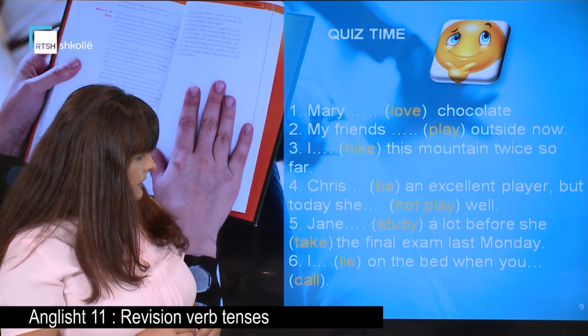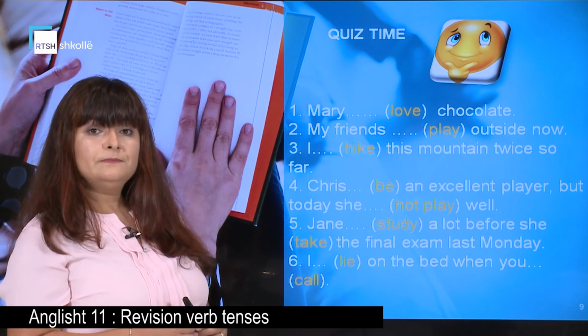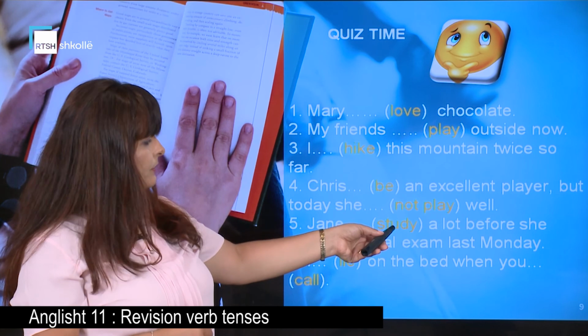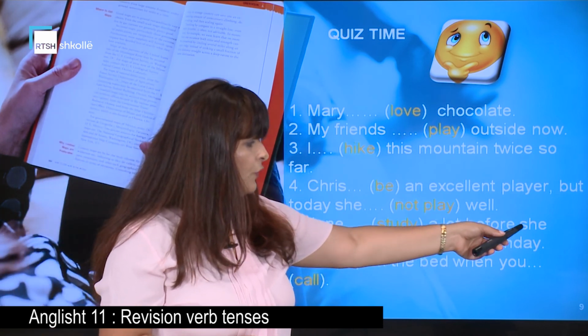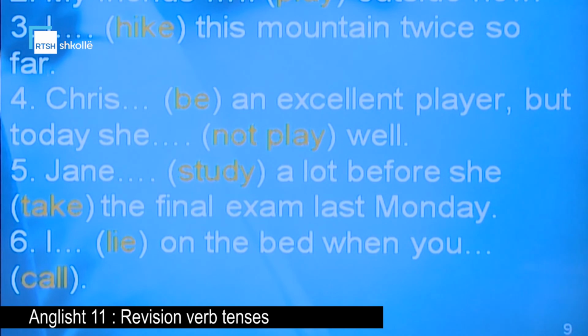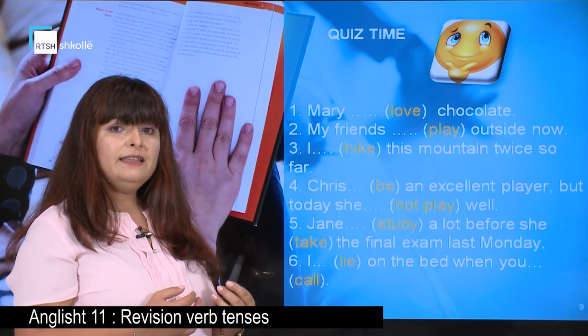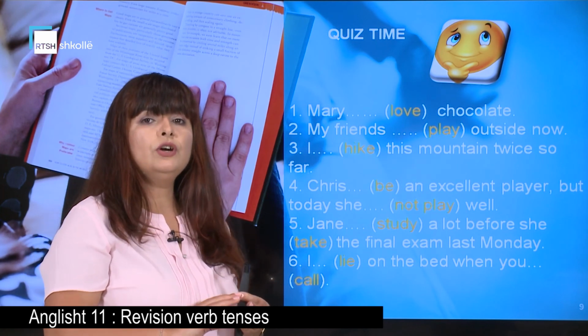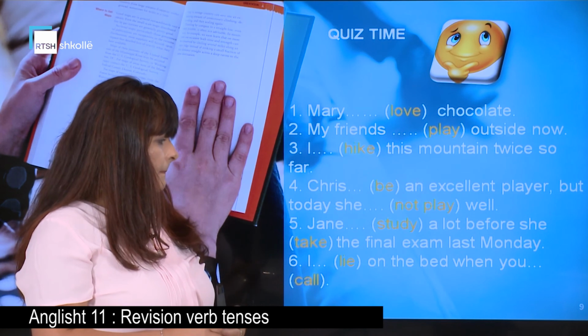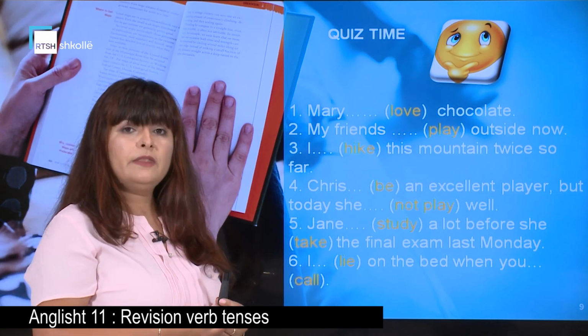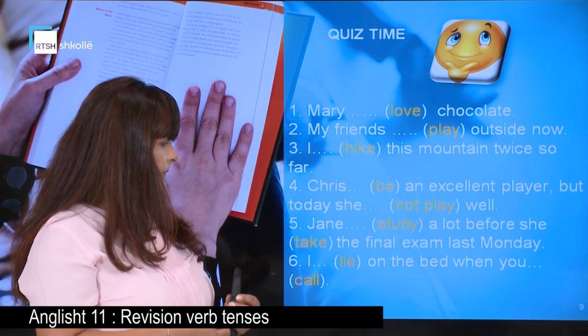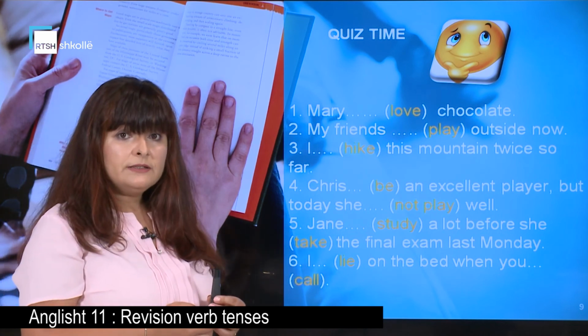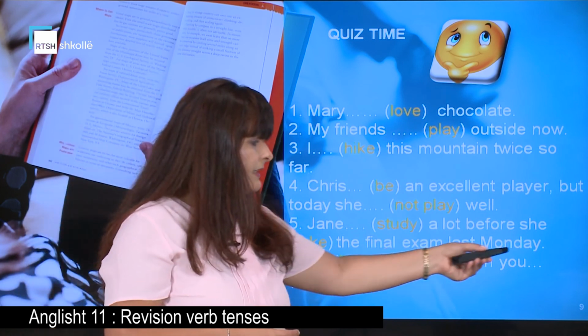Let's go to the next one. Jane, study is the verb, a lot before she take the final exam last Monday. When we have these sentences to put the verbs in the correct tense, we should look for the clues. Now, which is the help that is given to us? Is there any time expression? Yes. Last Monday.